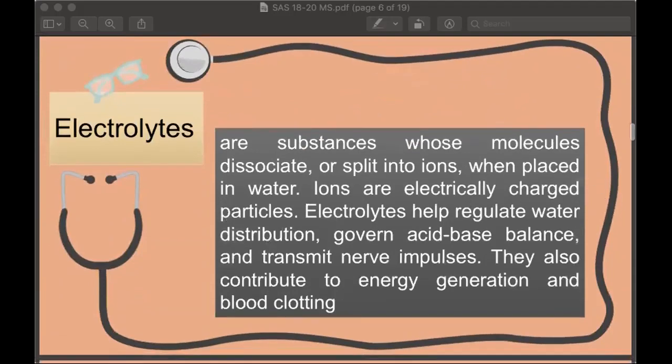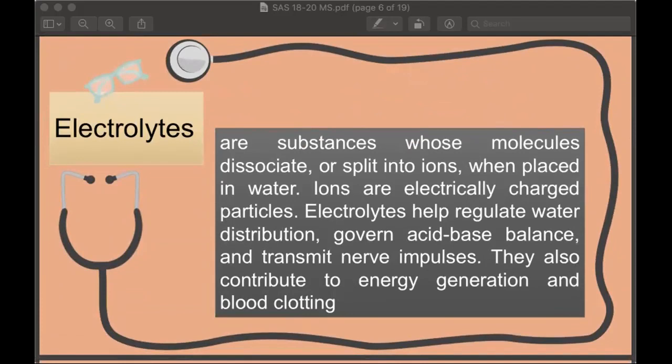Okay, electrolytes. If you say electrolytes, these are substances whose molecules dissociate. Do you still remember dissociation in chemistry or biochem? Like the breaking of a compound into simpler constituents, or splitting into ions when placed in water.